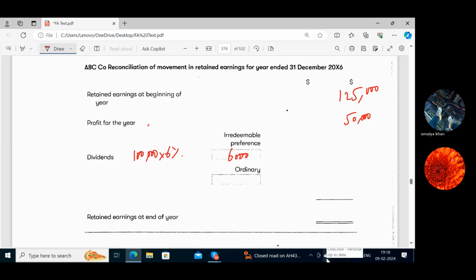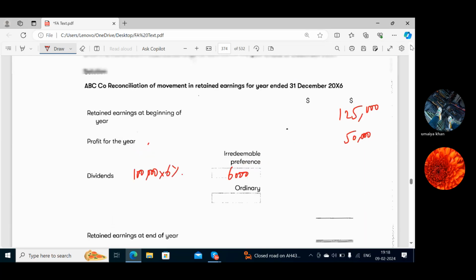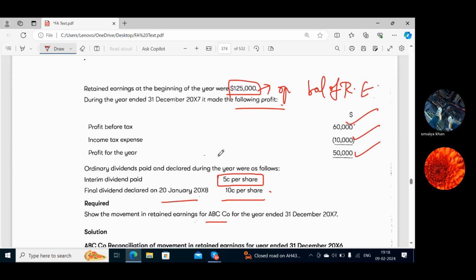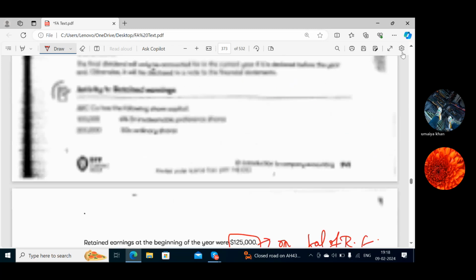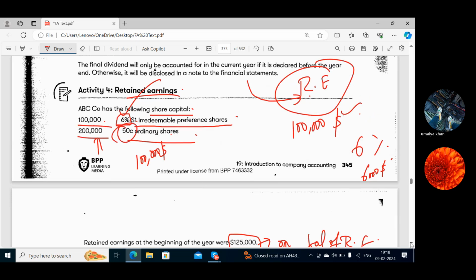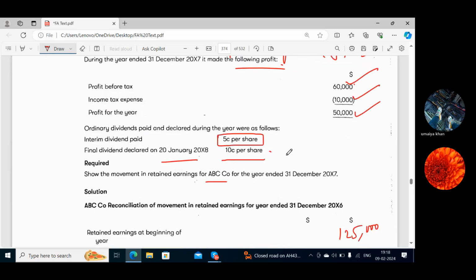Ordinary dividends, let's see what is the condition for ordinary dividends. Each ordinary share is of 50 cents, and the ordinary share dividend happens to be 5 cents per share. This is the interim. Okay, and the final dividend was declared on January 2008.